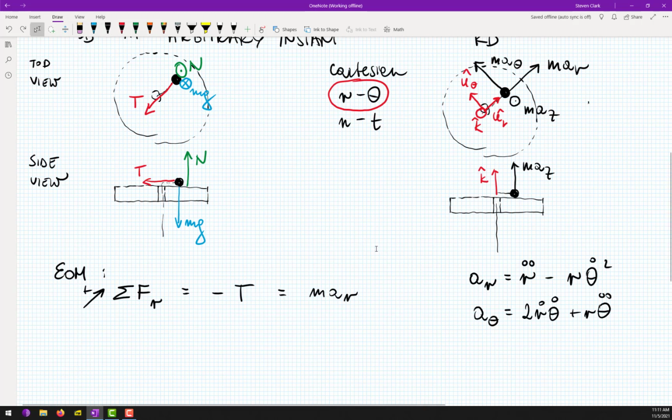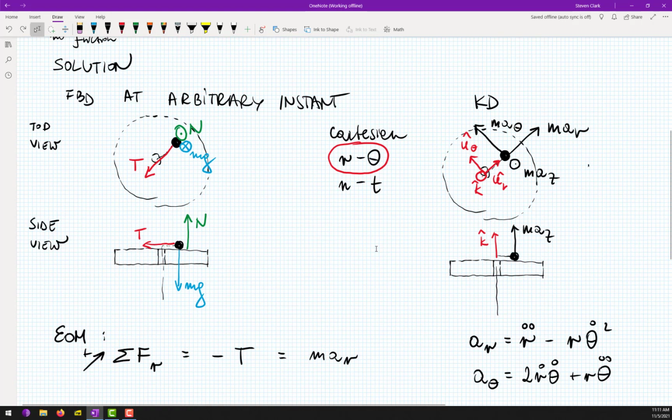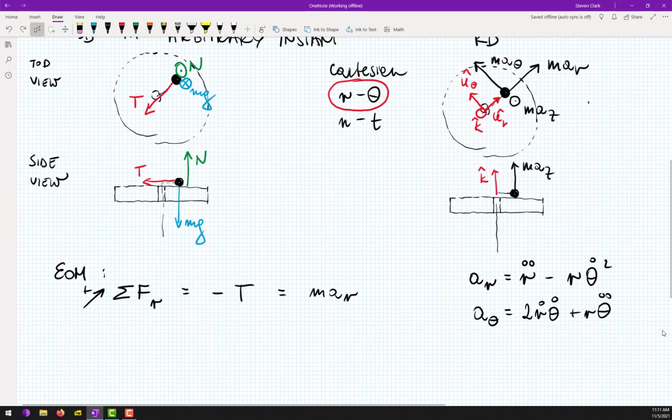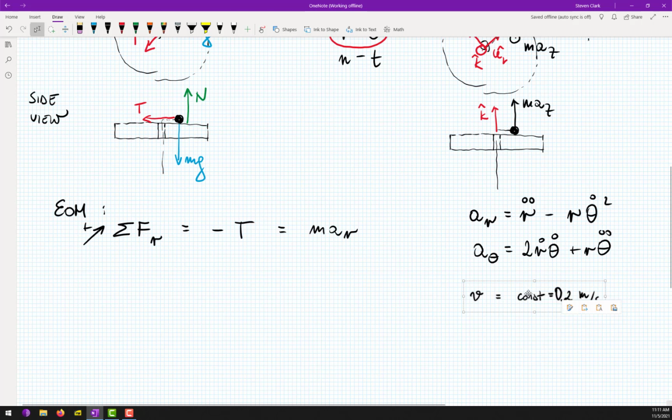If I scroll up the board, you can see that I can copy this. They told us that the velocity of that cable is constant. So what is the value of R dot, guys?